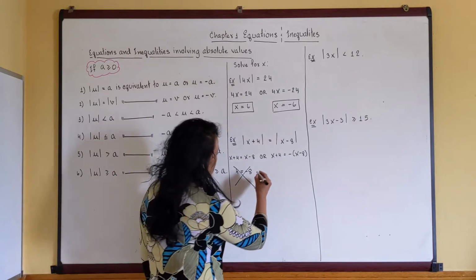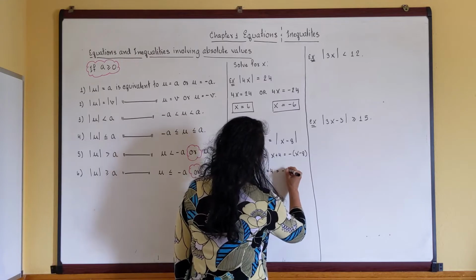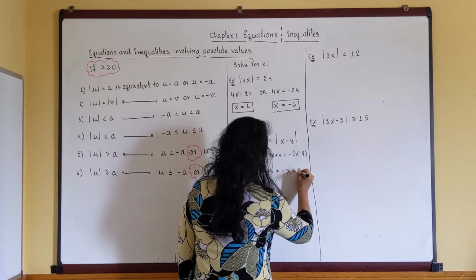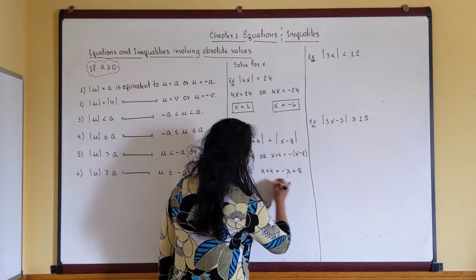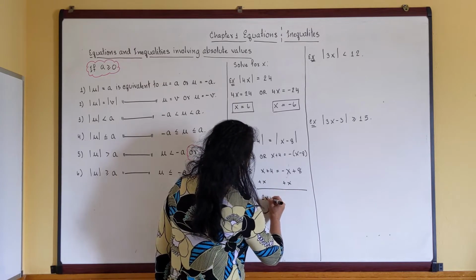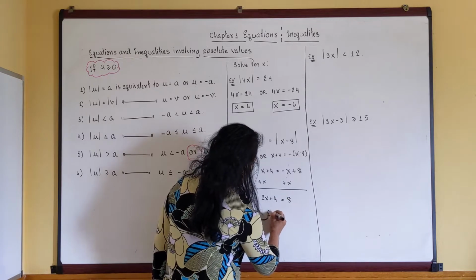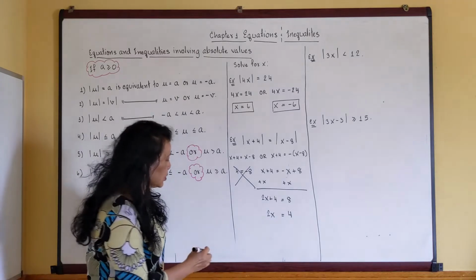So let's look at this one. I have x plus 4 equal to negative x plus 8. I can add x to both sides. So I have 2x plus 4 is equal to 8. So 2x is equal to 4. Divide both sides by 2.